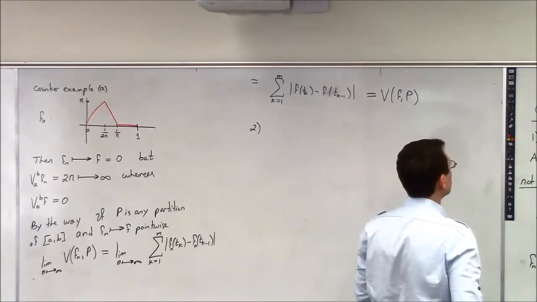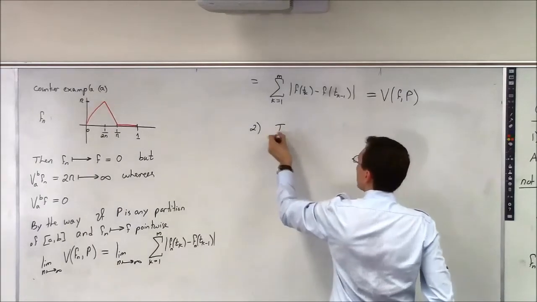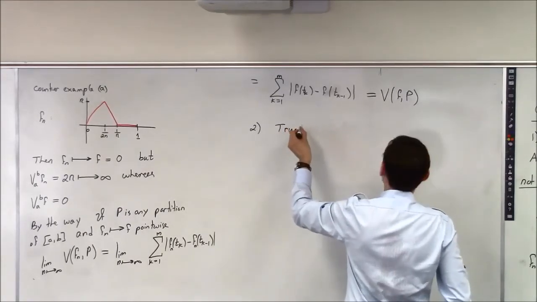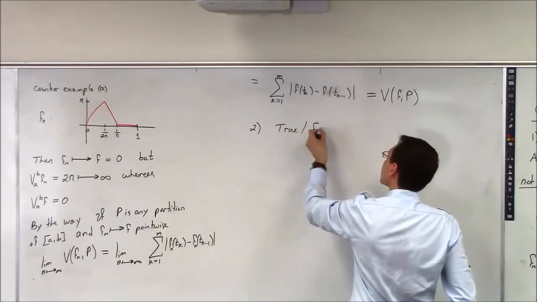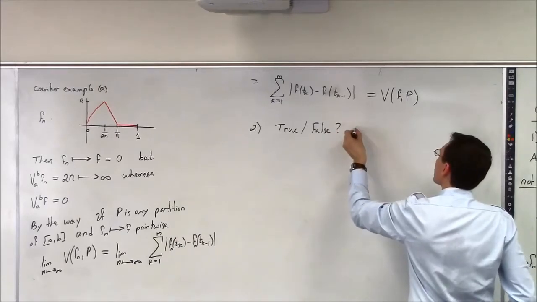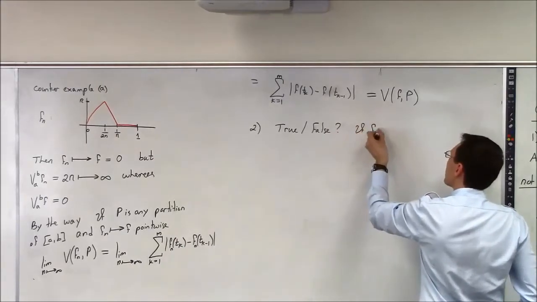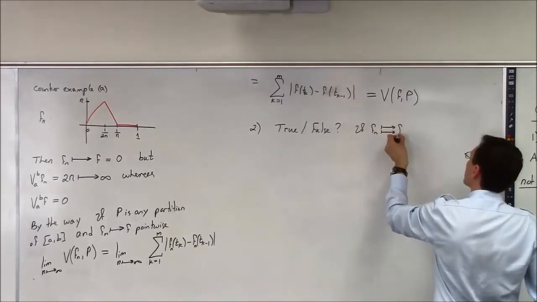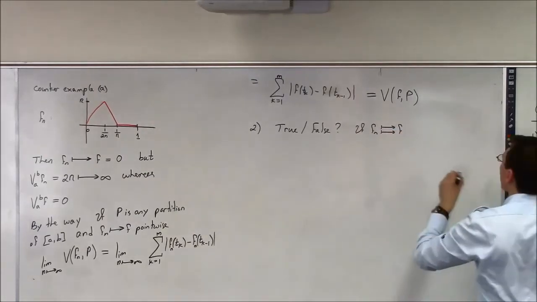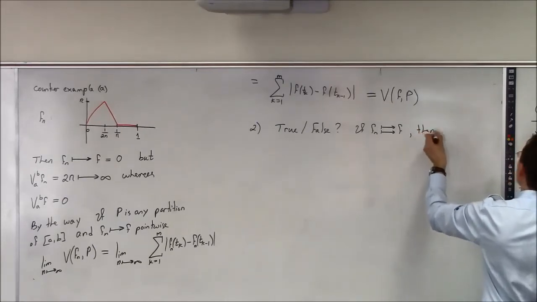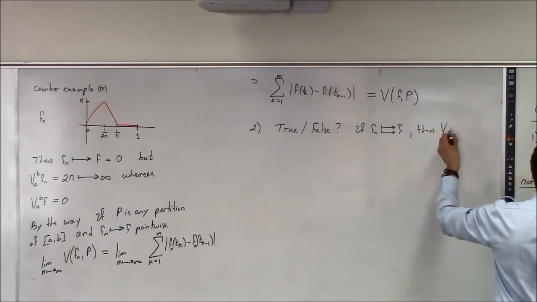So true or false? Yeah, uniform convergence, right? Natural. If we have uniform convergence, then variation.